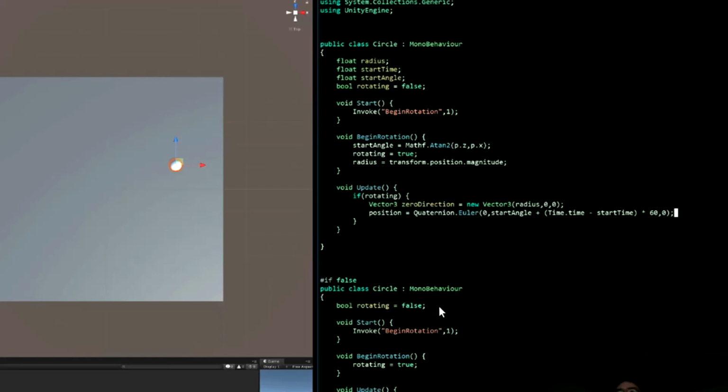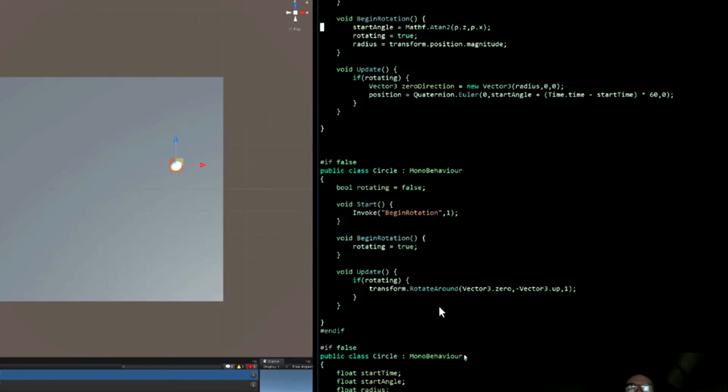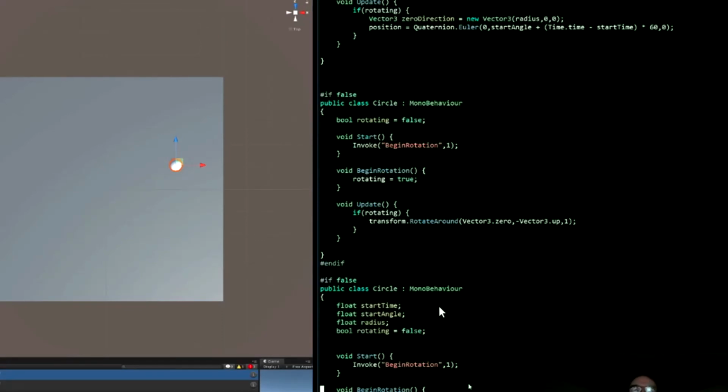Basically, I measure the amount of time from the start time and then multiply it by the number of degrees per second, and then add that to the start angle and use that rotation to rotate the initial vector, which is the one lying around the x-axis. And this, in theory, should work. We'll try it and see what happens.